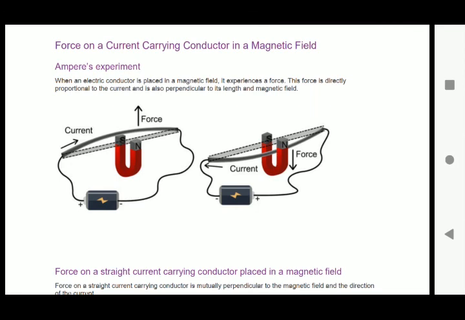The direction of force acting on the current carrying rod depends upon the direction of current and the direction of magnetic field. If the direction of current in a conductor and the direction of magnetic field are known, then the direction of force acting on the current carrying conductor can be found out by using Fleming's left hand rule.